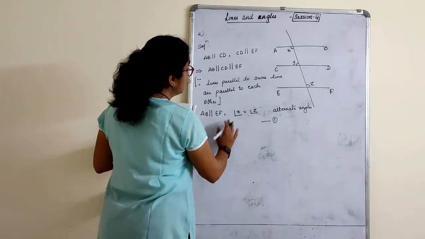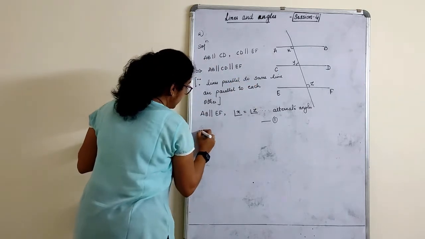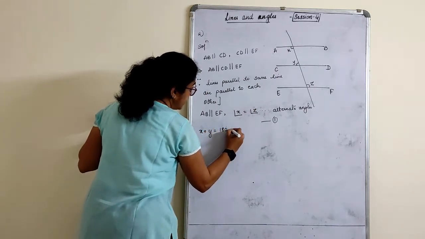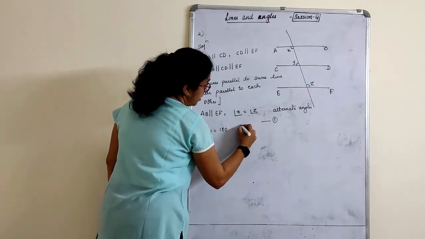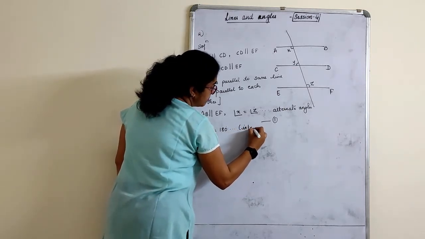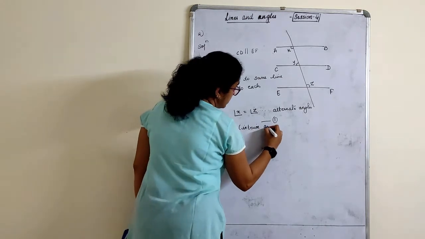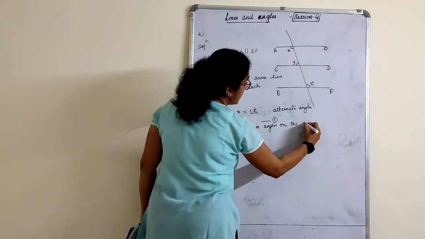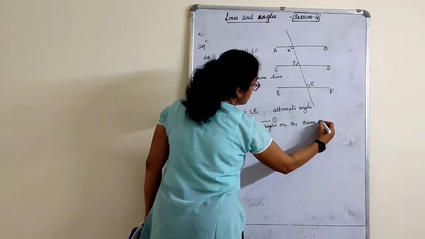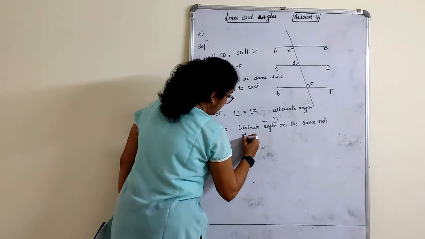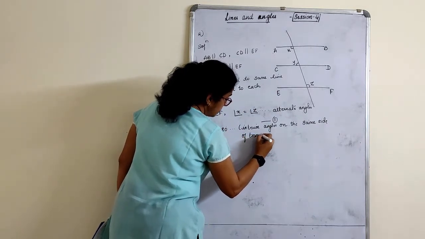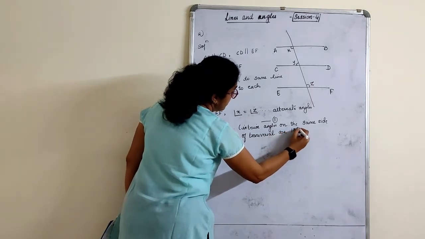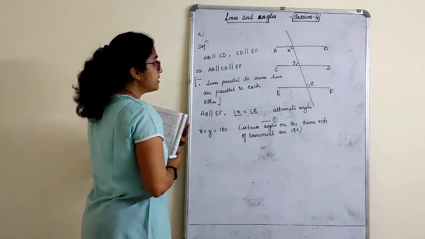Now let us take here, can I say angle x plus y is equal to 180. Reason, interior angles on the same side of the transversal are supplementary, that is 180. x plus y is equal to 180.